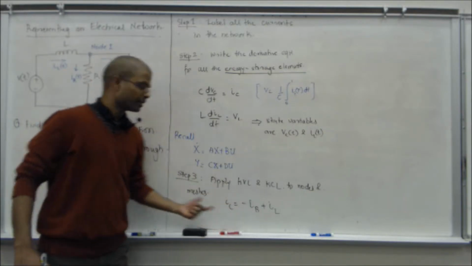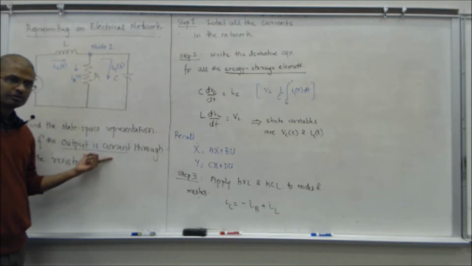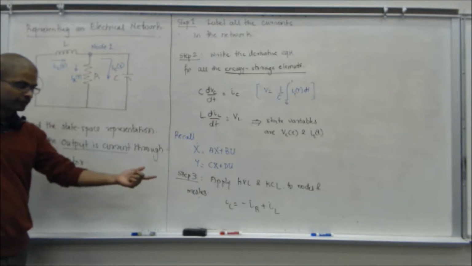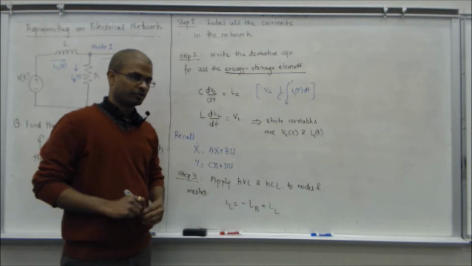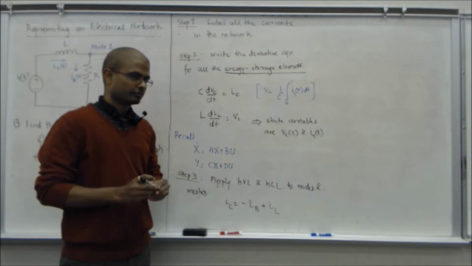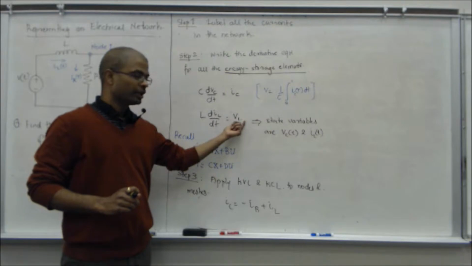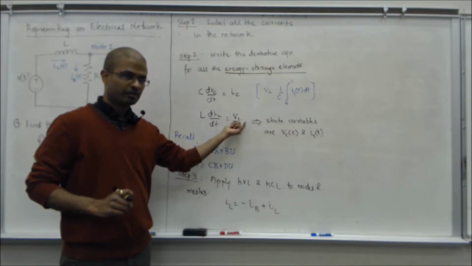IR is recognized as the output, so it's okay to have IR in the state space representation. The next step is to eliminate VL, because VL is not a state variable.